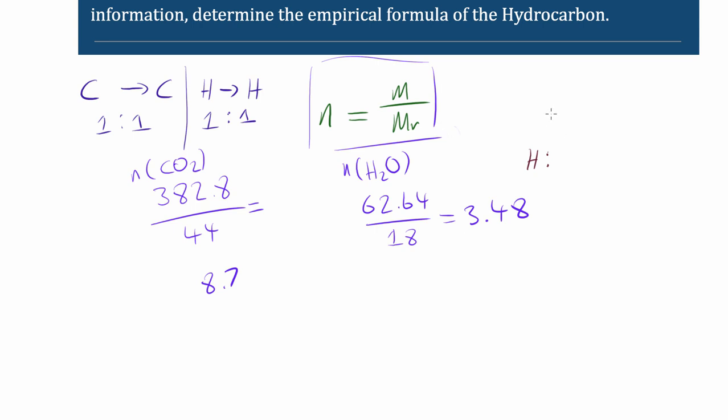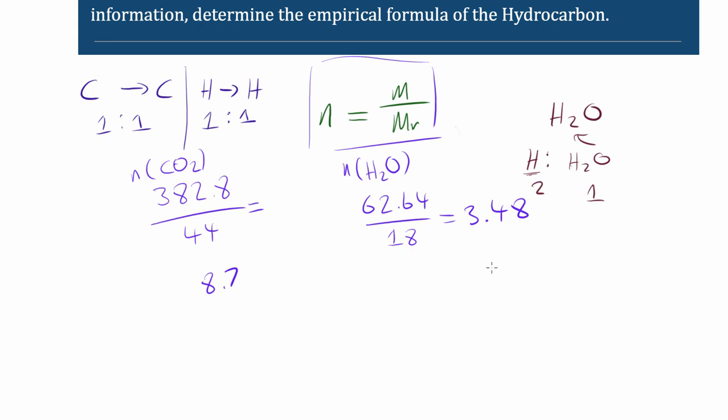If you look at the formula, you can see that for every 1 mole of H2O, we're going to have 2 moles of hydrogen.